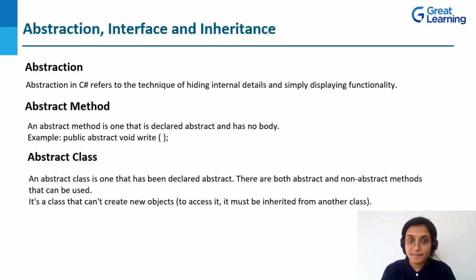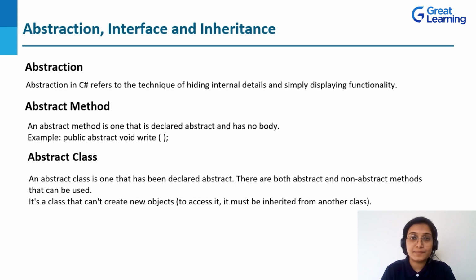Apart from abstract method, you have abstract class. What does abstract class do? An abstract class is one that has been declared as abstract. Here also we use the keyword abstract, with a normal class declaration, like abstract class car, abstract class pen. When you make a class abstract, you cannot create any new object for that class.